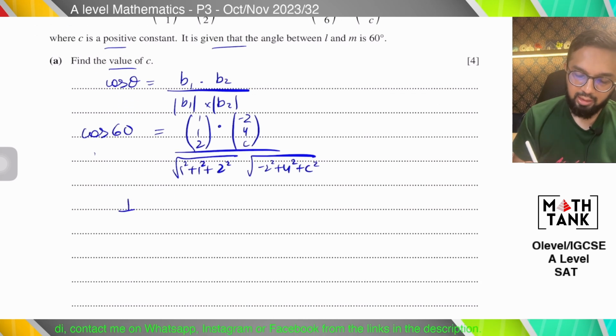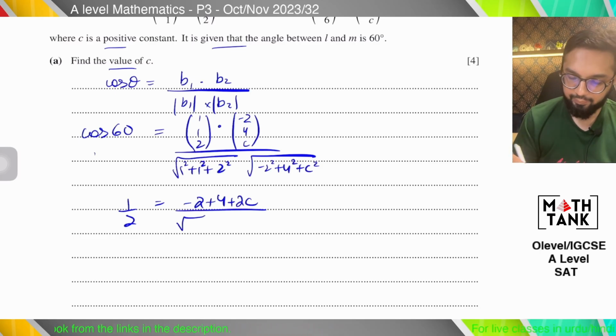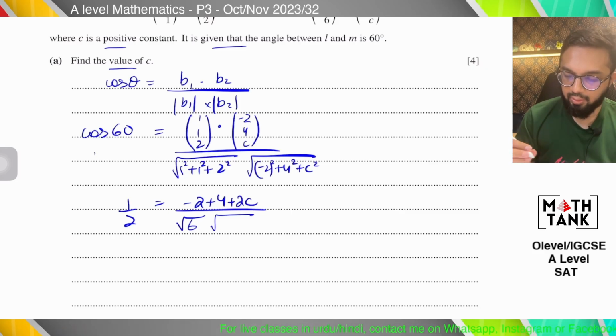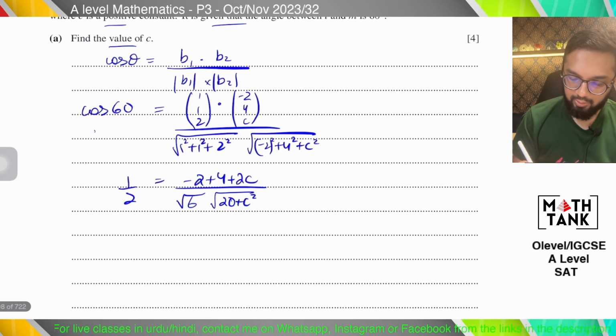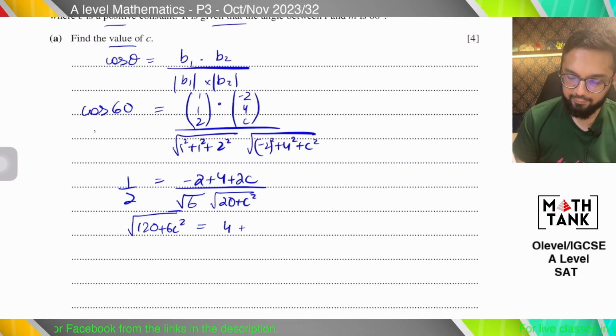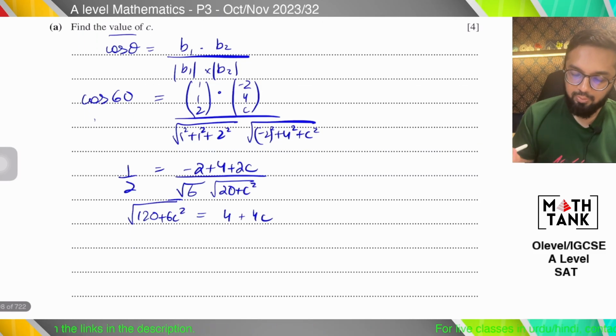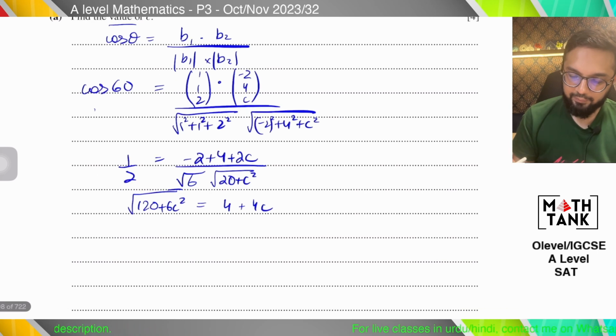Cos of 60 is half, so minus 2 plus 4 plus 2c over root of 4 and 6, and 16 and 4 is 20, 20 plus c squared. So that gives me 120 plus 6c squared on one side, and on the other hand, it gives me 4 plus 4c. Minus 4 plus 8 is plus 4.